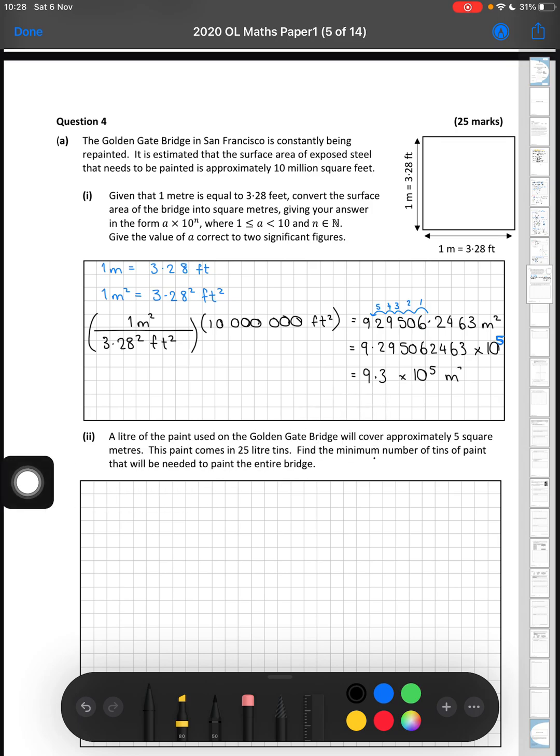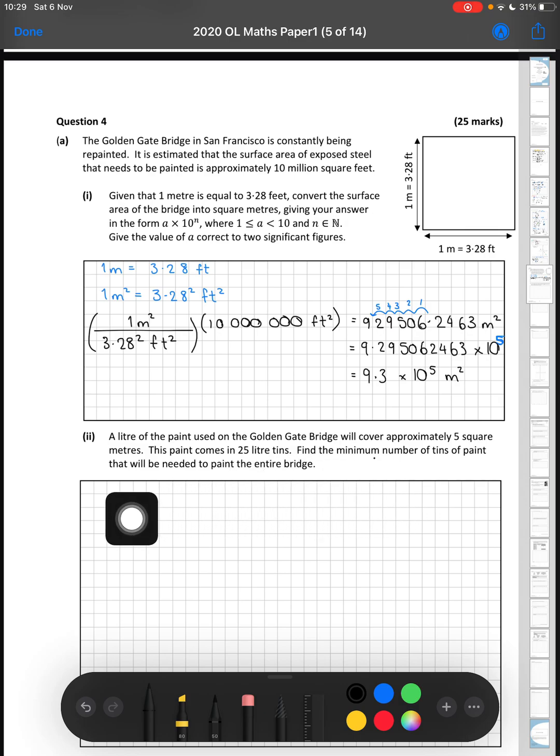Does it stay the same or does it increase by 1? Well, the number after it is 5 or more, so it increases by 1. So that is my answer here. That is how many square meters of exposed steel are in the Golden Gate Bridge in San Francisco.